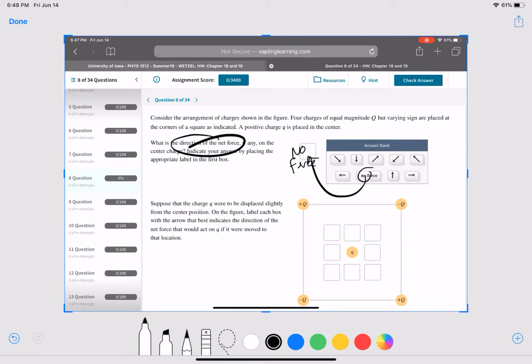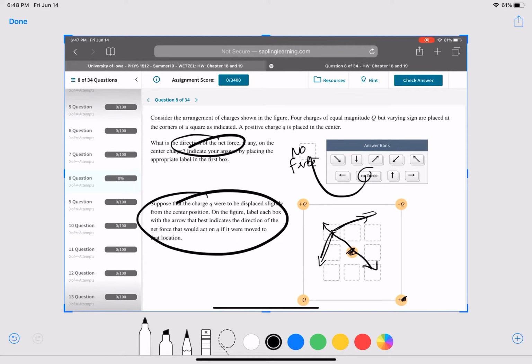Now for the other cases, let's move this Q up to there. What's the net force going to be? Let's pretend our plus charge is sitting there instead of here. We're going to feel a big force this way because we're much closer to this charge now. We're going to feel a little force that way from this one because we're further away from it. 1 over R squared is further, so our force is less. And then we're going to feel a force there from this one and there from that one, attracted to that one, attracted to this one.